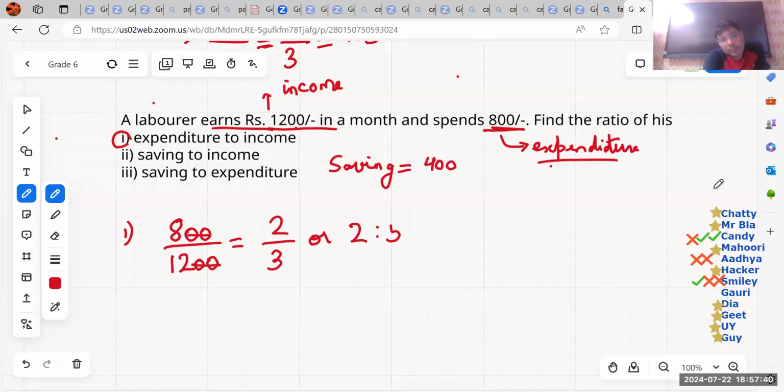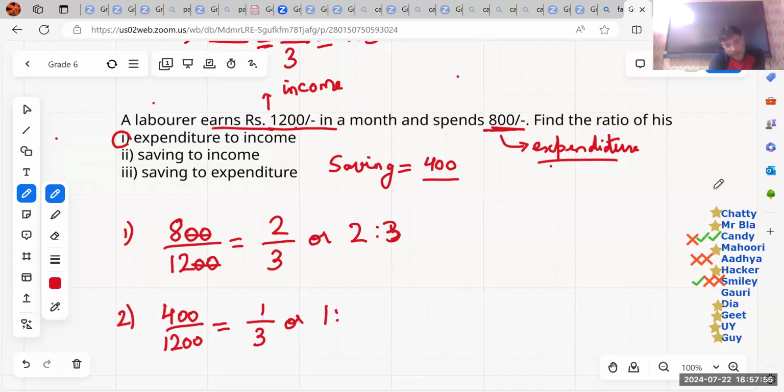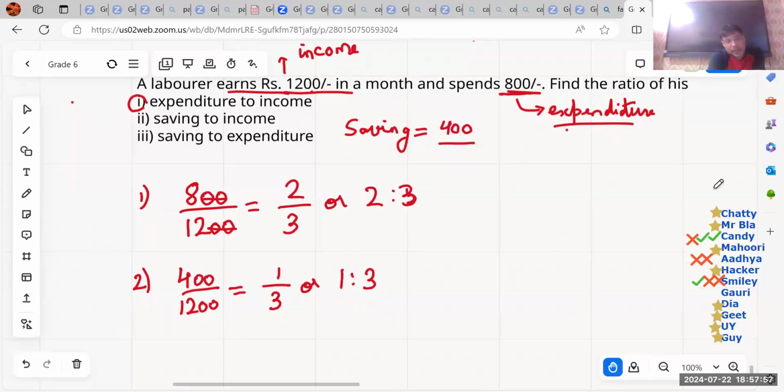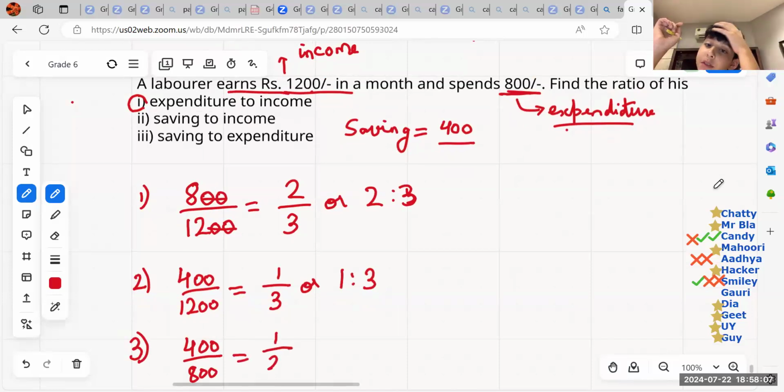Saving to income: this is your saving, this is your income, 400 upon 1200, which is 1 by 3. Similarly, saving to expenditure. Saving is 400, expenditure is 800. So 1 by 2.